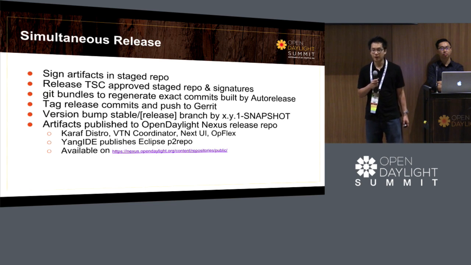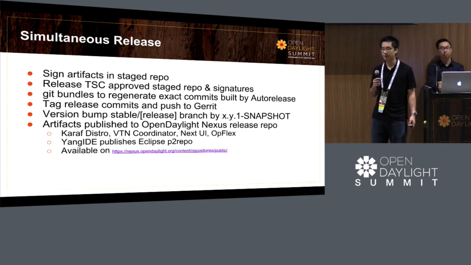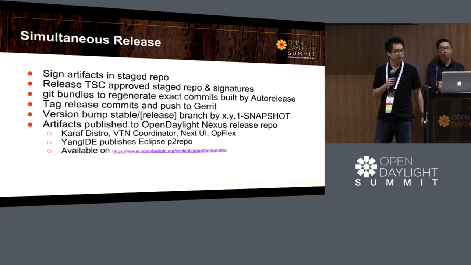And finally, on release day, we release our simultaneous release. What's involved there is the release engineering team will use our GPG keys to sign all of the artifacts, and it produces a second staging repo in Nexus. Then we release both staging repos, which contain the binaries as well as the signed artifacts, into our Nexus release repository.